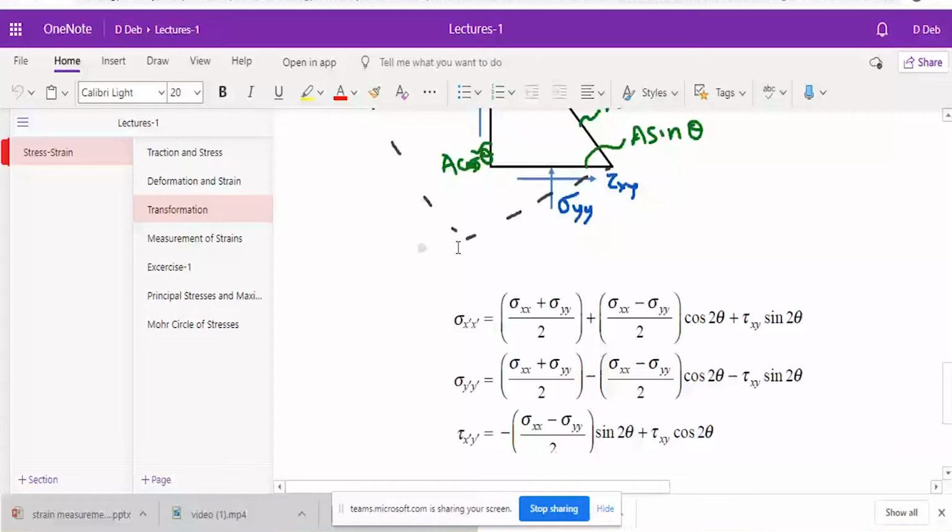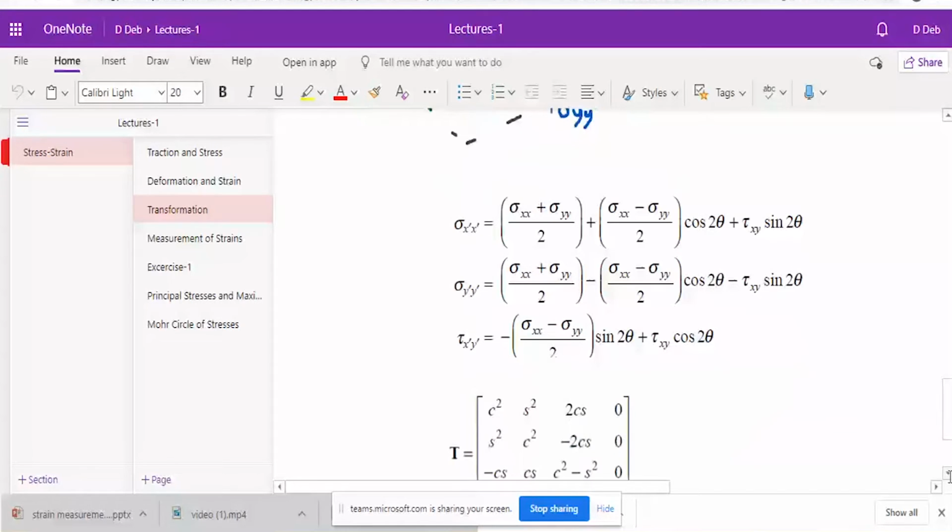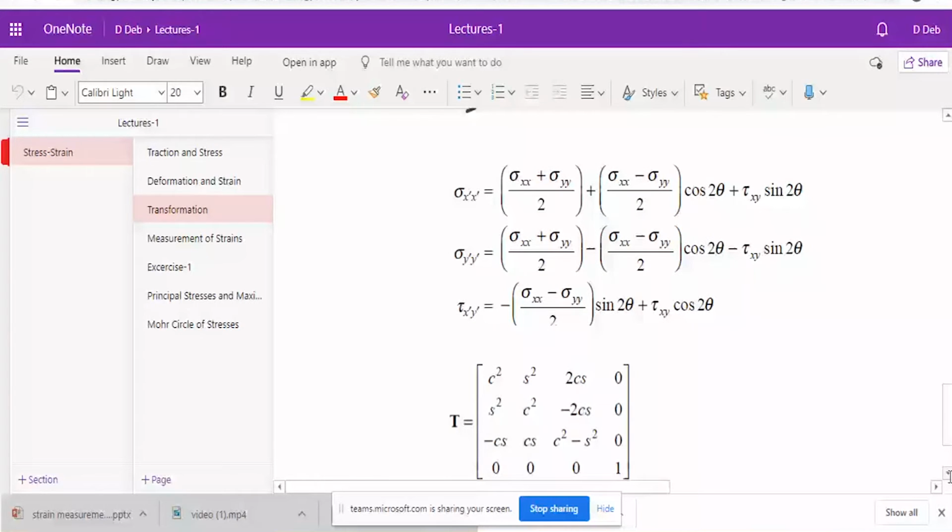So these are the transformations for stresses. And if I have to write it again in matrix form, how the transformed tensors are related to my original stress tensors, it is related by this T.